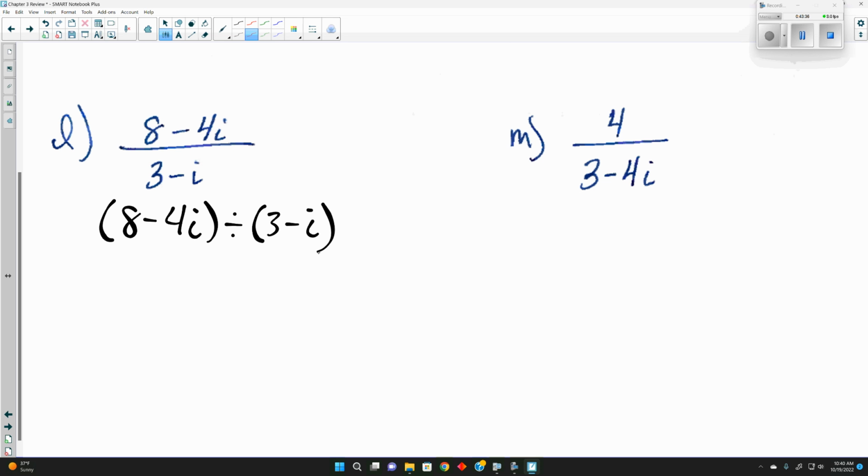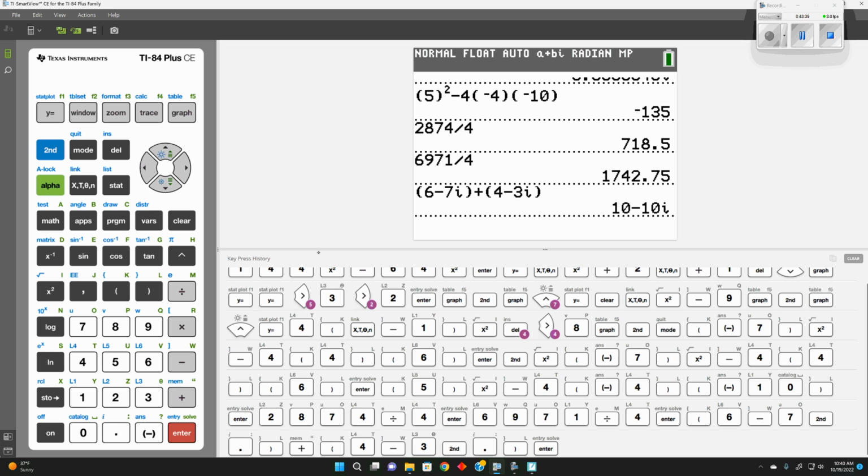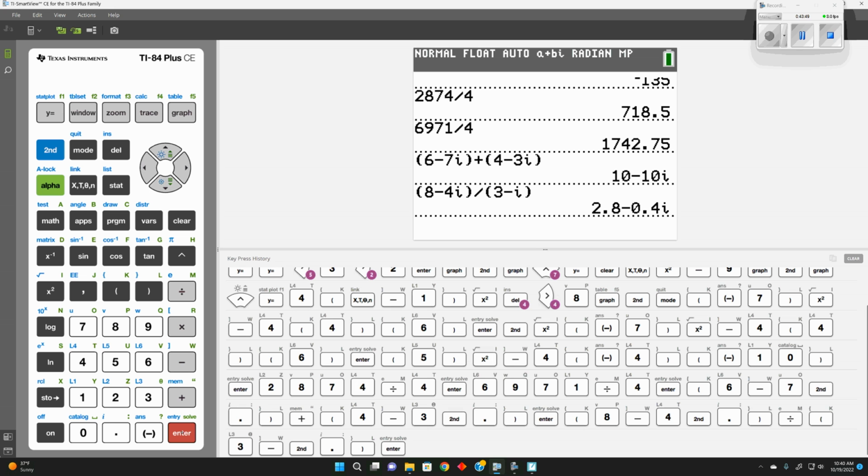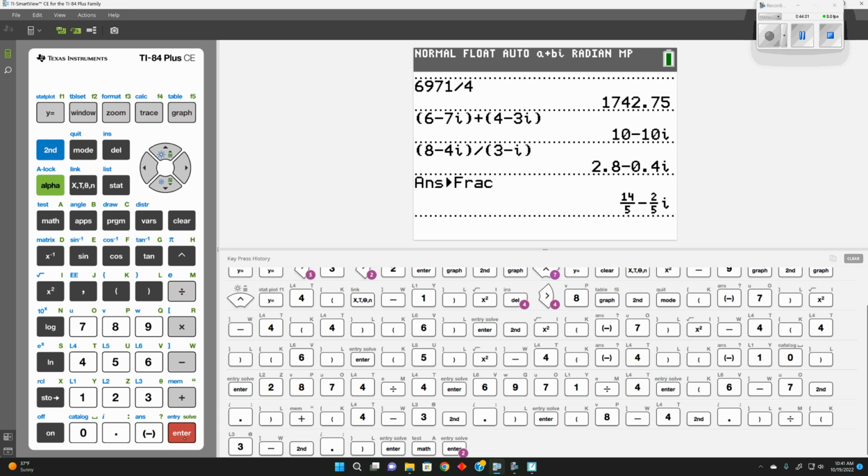So 8 minus 4i divided by 3 minus I. And again, when you do this, make sure to put the numerator and denominator, top and bottom, in parentheses. Now, to get it out of a decimal, we go math, enter, enter. That's your answer. 14/5 minus 2/5 I.